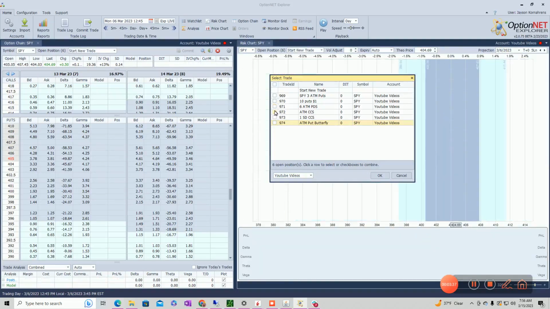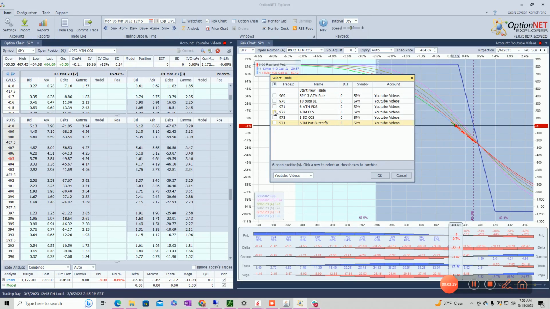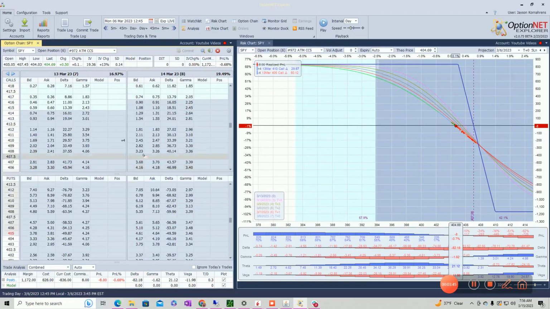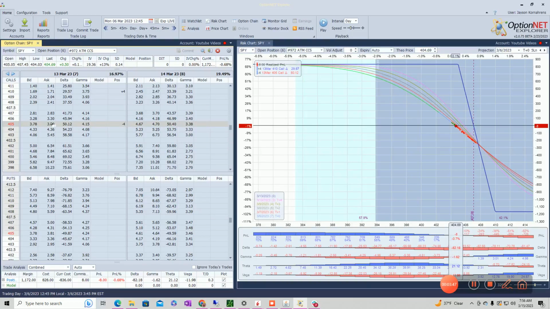And let's go to the at the money call credit spread. So now we're going for credit spreads, not debits. Of course, those credit spreads are going to put the odds a little bit in your favor, but they're going to make a little bit less money. If the stock goes up, you'd be okay.